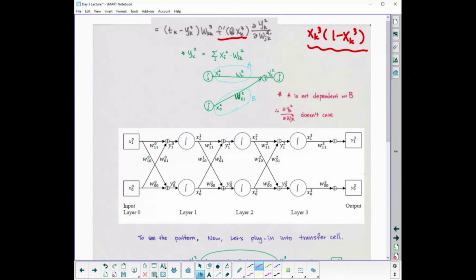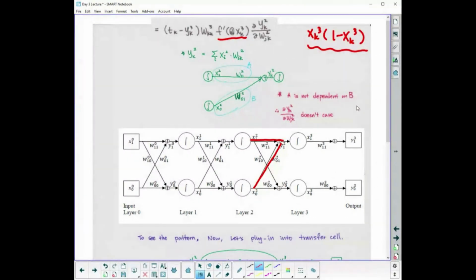Now I have the partial of yk layer 2 with respect to weight jk layer 2. If you see this situation, those are the two wires in red on the big picture. Yk layer 2 is a sum of A plus B. You can think about the relation between the A part and the B part.